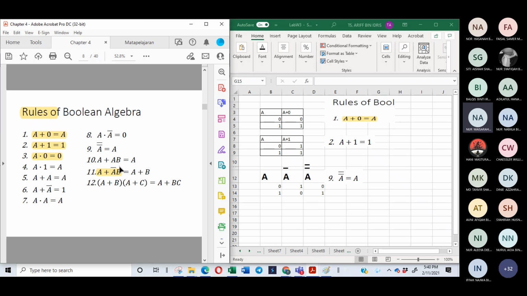The first thing is we want to improve the performance. We want to produce a speedier processor, as well as computer devices which are smaller and smaller in size. So that is the reason why we learn about Boolean algebra, the rules of Boolean algebra.